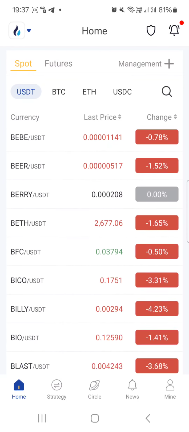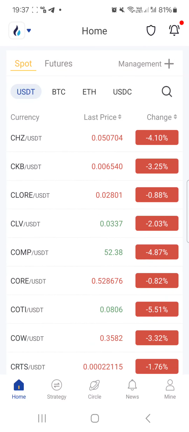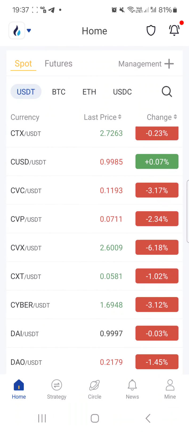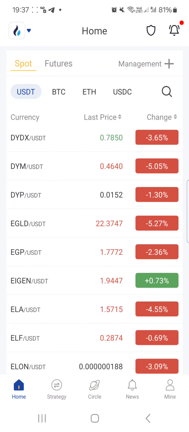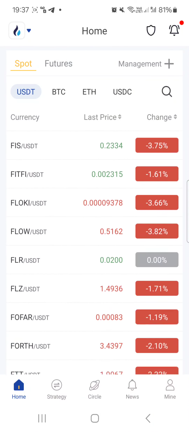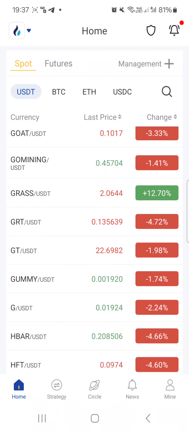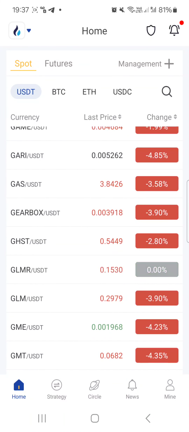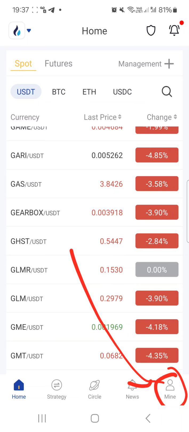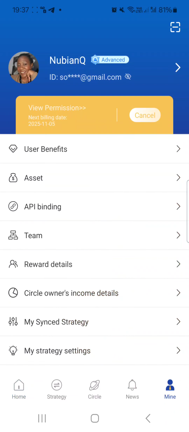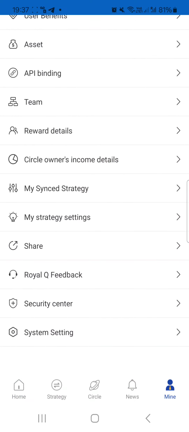I am only showing you here how to set your strategy in advance, according to your capital. That's what we're doing. So I need you to go to Mine at the bottom here. When you click on Mine, this page will come up.